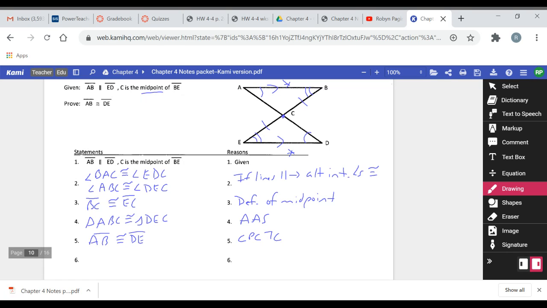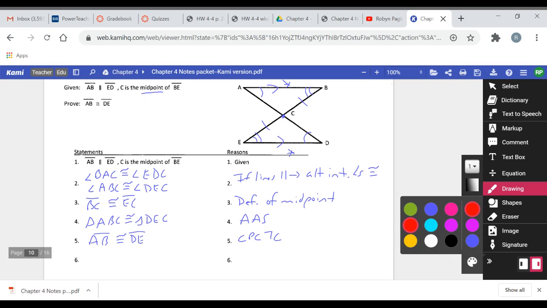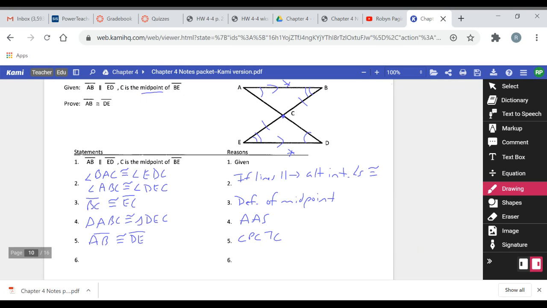Okay, so I'm going to put a little note down here saying that. Just saying that I could have used angle ACB is congruent to angle DCE. And again, I could have said vertical angles theorem.